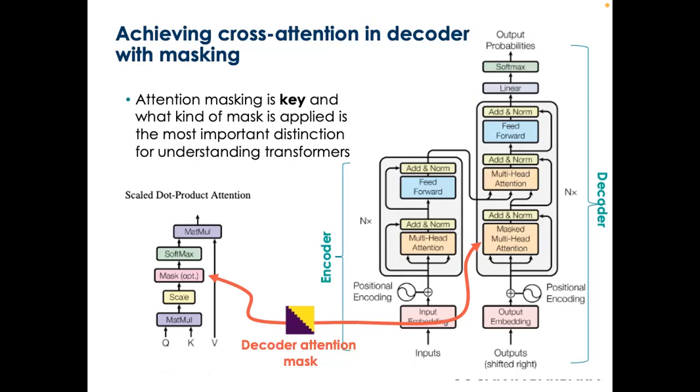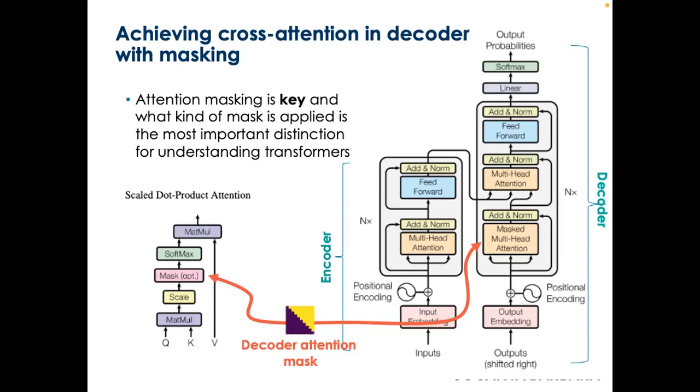It has the masked multi-headed self-attention, which is just looking at the input sequence. And then it has the same multi-headed attention that we have in the encoder sequence, but it gets to see all of the elements in the input sequence, as well as all of the elements that it's seen so far in the decoder sequence.